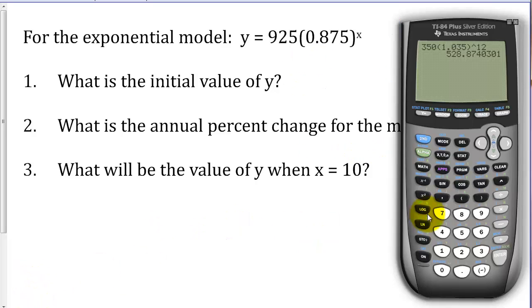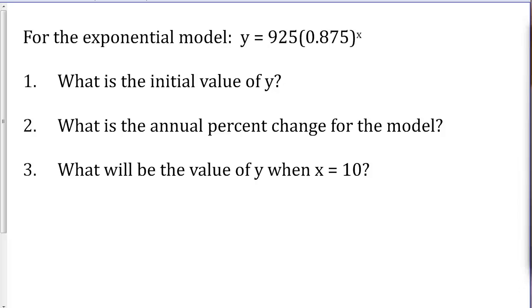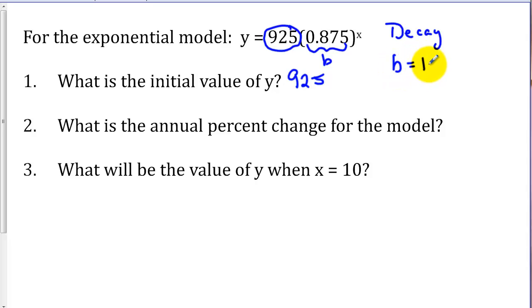Let's look at a decay problem. Now this is our B, and 0.875 is smaller than 1, so this is decay. Our initial value is this number here, so our initial value is 925. Now to find this percent for decay, B is 1 minus our rate. So we've got 0.875 as our B is 1 minus something.